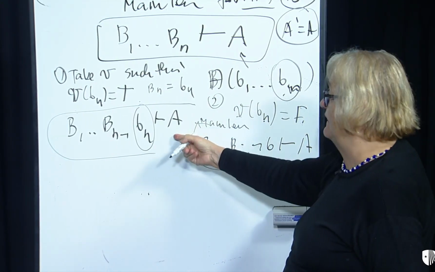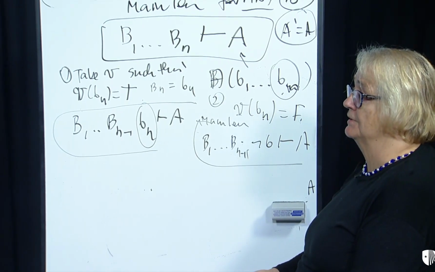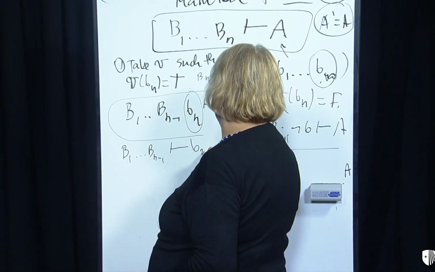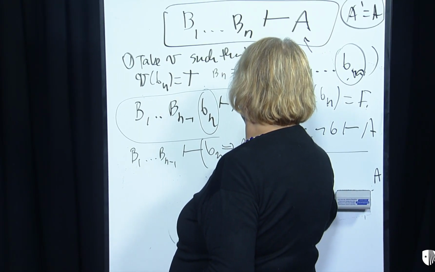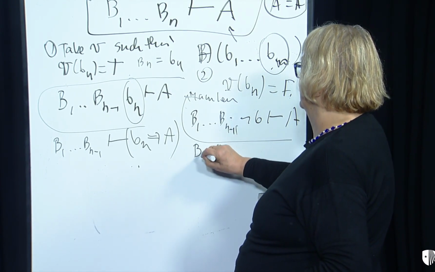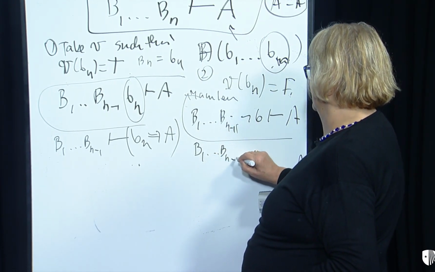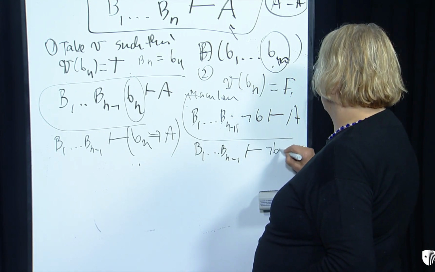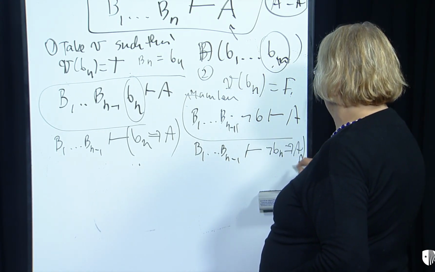I have that this must hold and that must hold. By deduction theorem, I have B1, ..., Bn minus 1 proves Bn implies A. And the same deduction theorem here, I get B1, ..., Bn minus 1 proves, in our system, not Bn implies A.